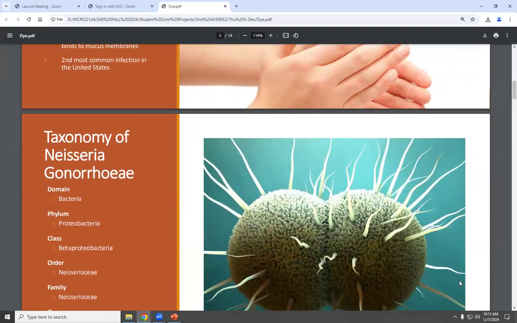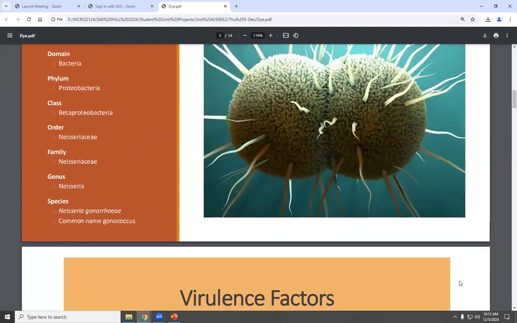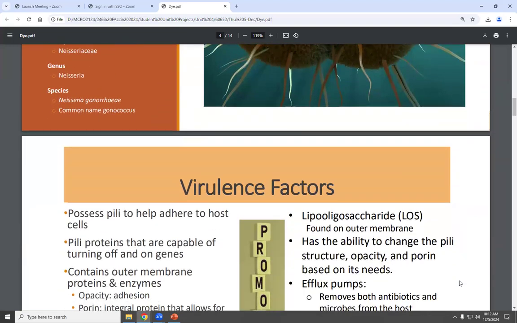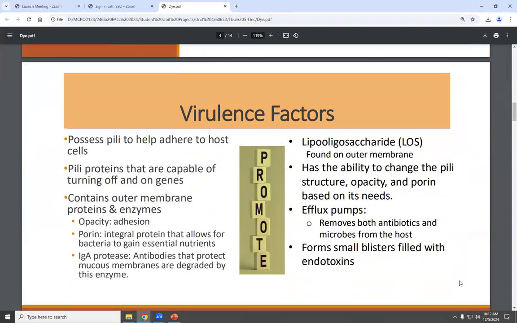This slide here is just going over taxonomy, which I'm not going to go over. We have virulence factors, which include pili that help it adhere to the host mucous membranes. It also contains outer membrane proteins as well as enzymes. One of the enzymes that it has is IgA protease, which breaks down our IgA antibodies.